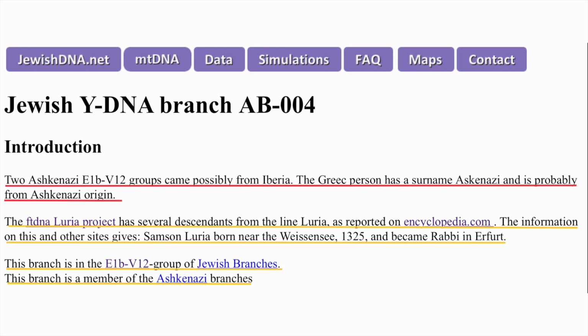And according to JewishDNA.net, the FTDNA Lurie project has several descendants from the line Lurie, as reported on encyclopedia.com. The information on this and other sites gives Samson Lurie, born near Wetzlar 1325, who became rabbi in Erfurt. This branch is in the E1b-V12 group of Jewish branches. This branch is a member of the Ashkenazi branches.